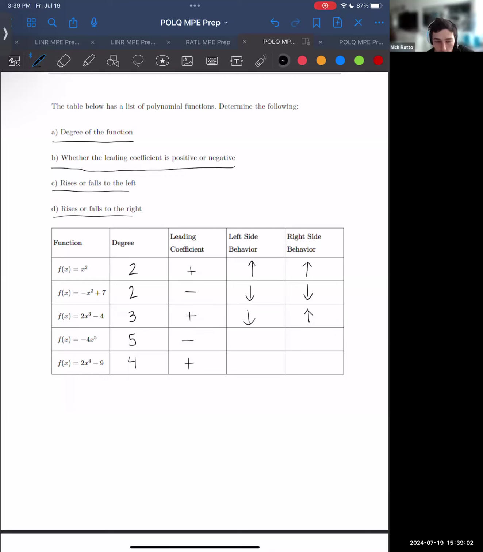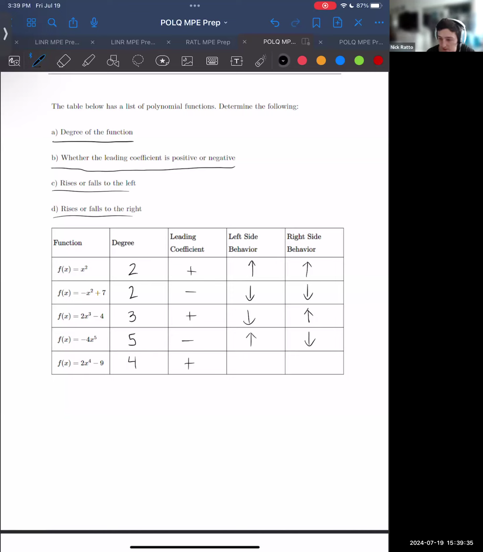Okay. Fourth one. Fifth degree polynomial. We may not know exactly what this is going to look like. Probably haven't seen a ton of fifth degree polynomials in our time, but it's fifth degree with a negative coefficient. So what can we expect? Yeah, good stuff.